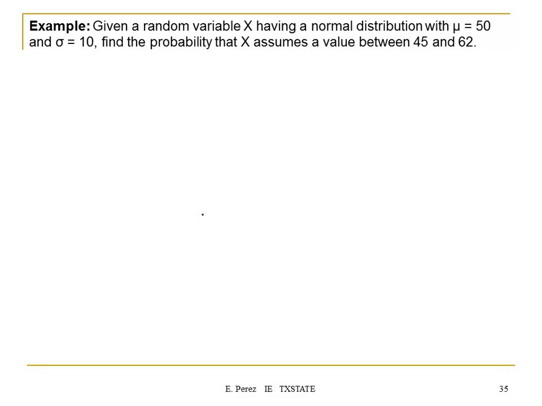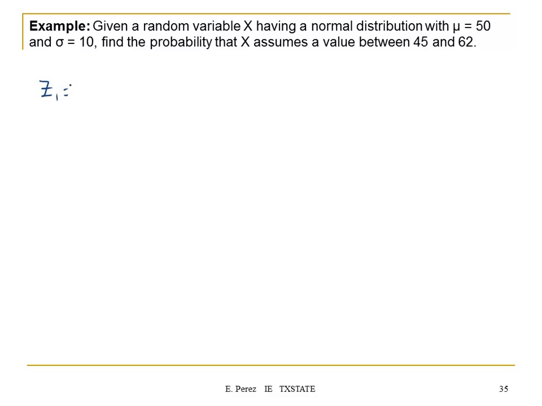So, what is the random variable here? X. Okay? So what would be the first thing you have to do if you want to use the standard normal distribution? You need to transform this x to z's. Okay? So that's the first thing you have to do.